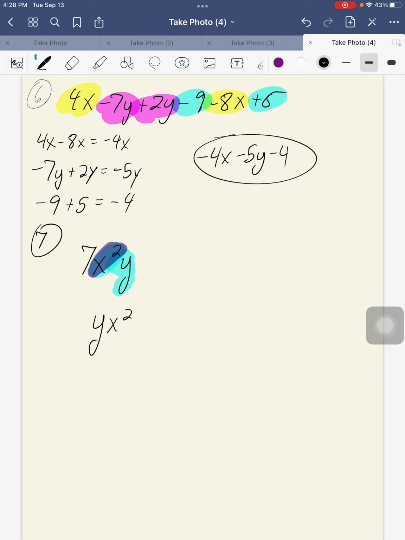That's the first one. You have x squared, and the y is by itself. So that is like terms. 7x squared y, obviously. You have x squared y. Negative 4x squared y. You have to have the x squared and the y. 1/2 x squared y. And that's it. Those are the 4.